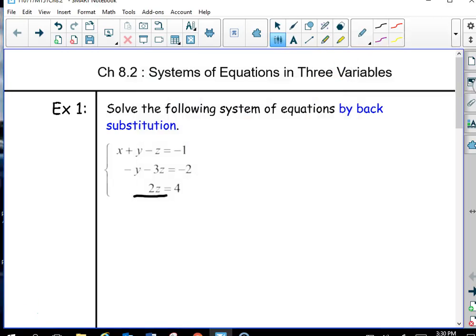Well, let's say almost solved for. So if 2z is equal to 4, then we can pretty quickly solve for z.